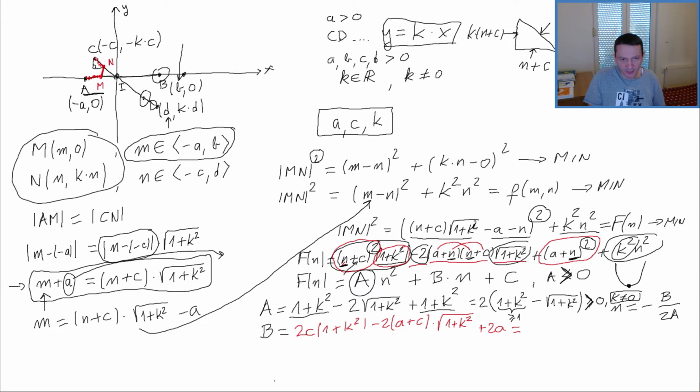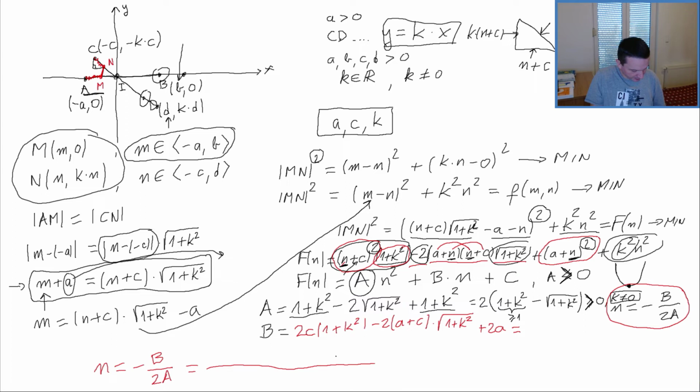And now I will use this formula here for the n for which we obtain the minimum. As we said, n will be minus b over 2a.